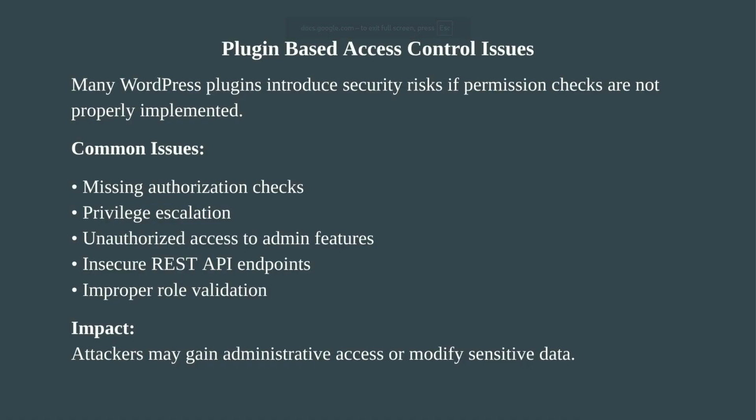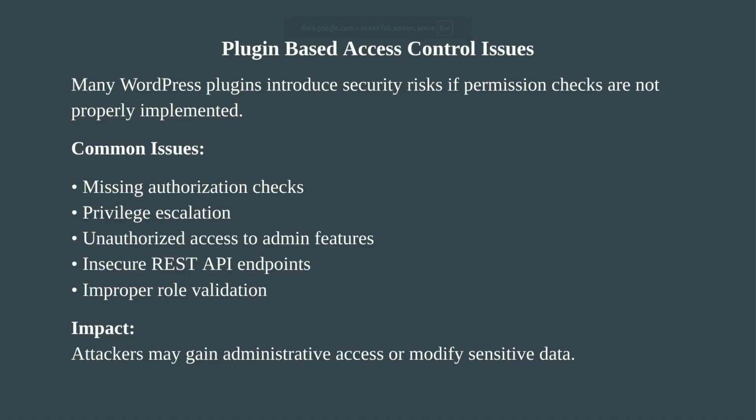Another is plugin-based access control issues. Many WordPress plugins introduce security risks if permission checks are not properly implemented. Even properly developed plugins may introduce security vulnerabilities if permission checks are not implemented properly. For example, plugins might expose API endpoints that allow unauthorized users to perform administrator actions.